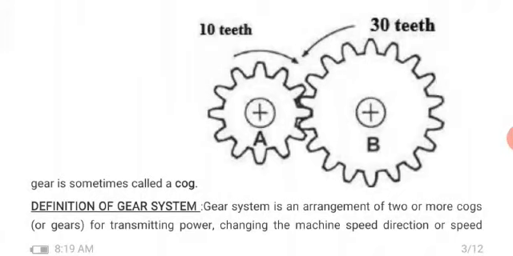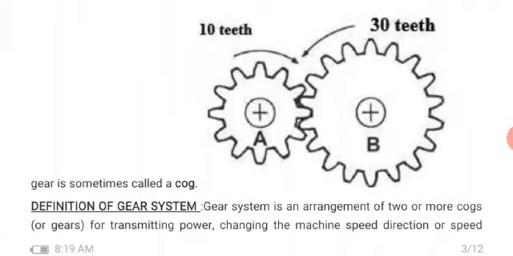One is small and the other is large. The smaller one has 10 teeth, and the larger one has 30 teeth. At times, instead of calling them gears, they can call them cogs. So a single gear can also be called a cog.